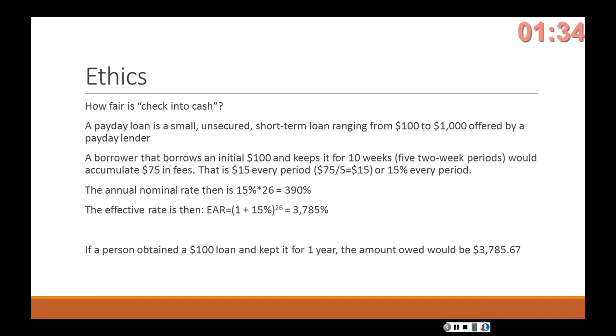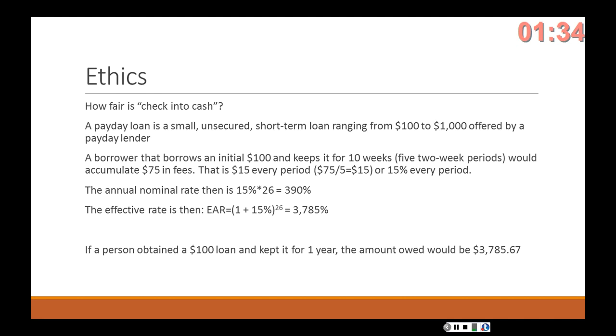So they would be paying $15 every 2 weeks, or 15% every period. So $15 is 15% of $100. So the nominal rate, 15% times 26 2-week periods, is 390%.